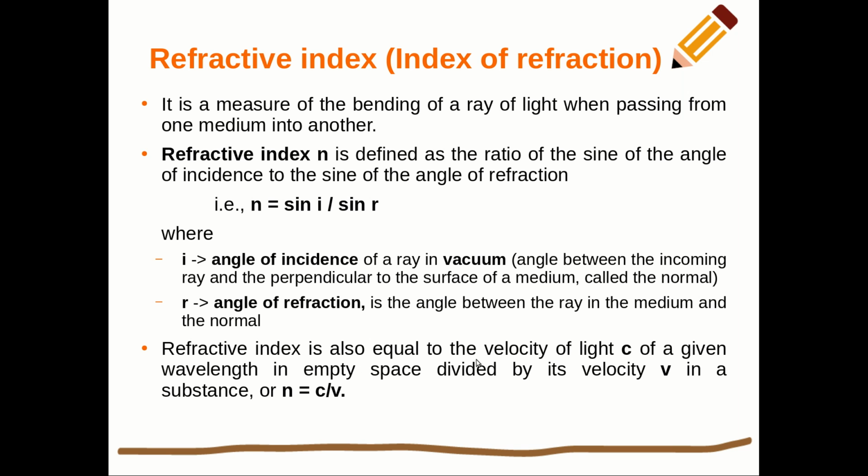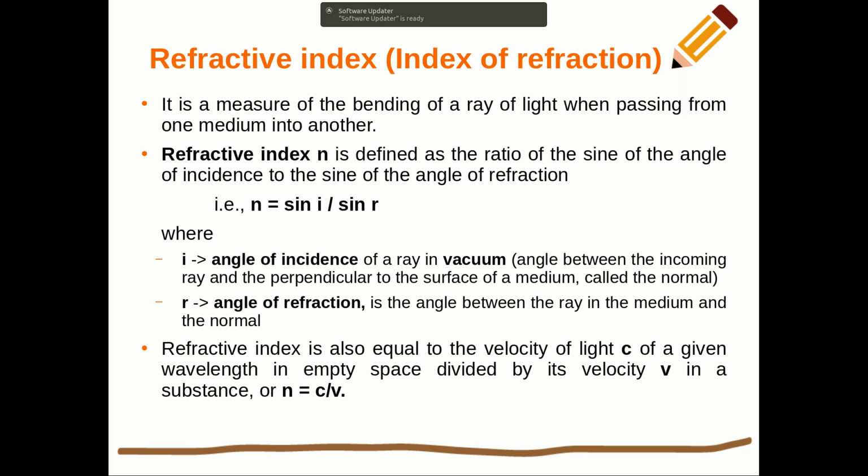Now we can also calculate it like this. Refractive index is also equal to the velocity of light, that is c, the standard value 3 × 10 power 8 meters per second, of a given wavelength in empty space, divided by its velocity v in a substance. So in empty space, what is the velocity of light? The standard value, divided by the velocity v of the same light in a given medium.